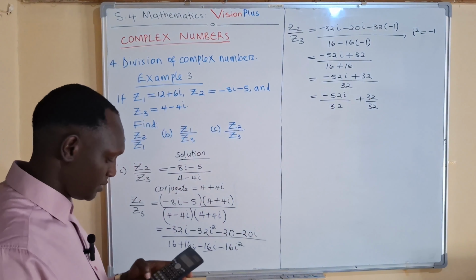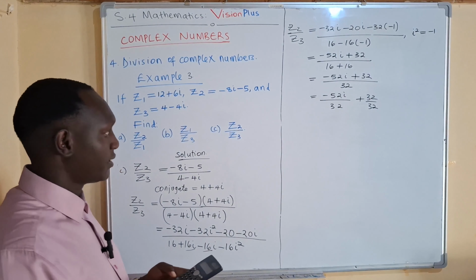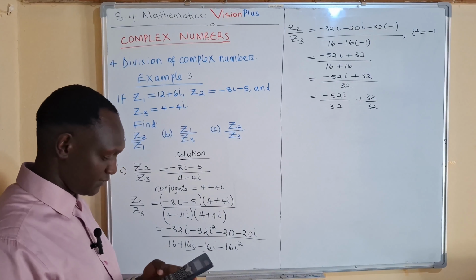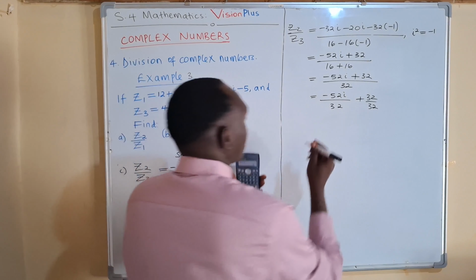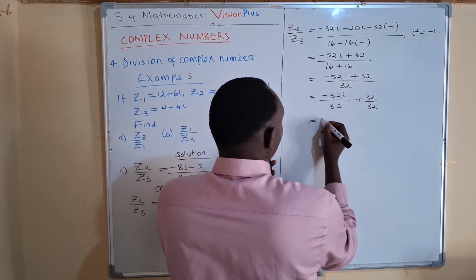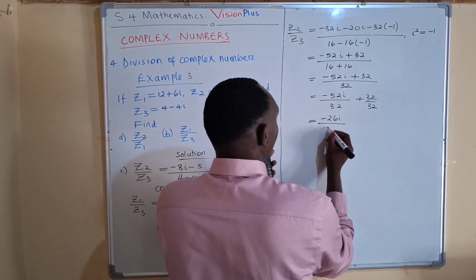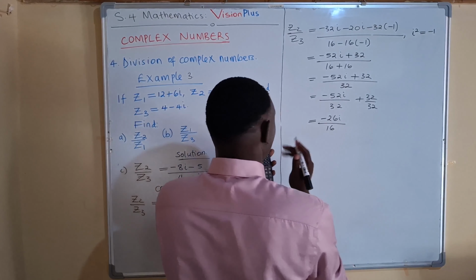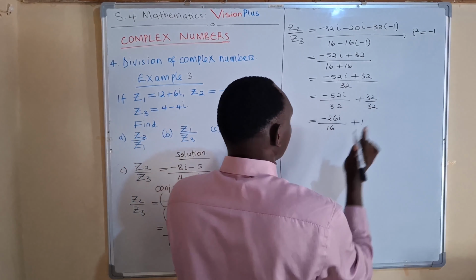52, divide by 2. Yes, 52 divided by 2 we get 26. You can simplify one step at a time. By 2, negative 26i over 16, plus 32 divided by 32 is 1.